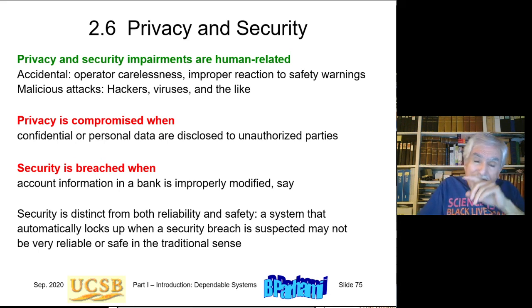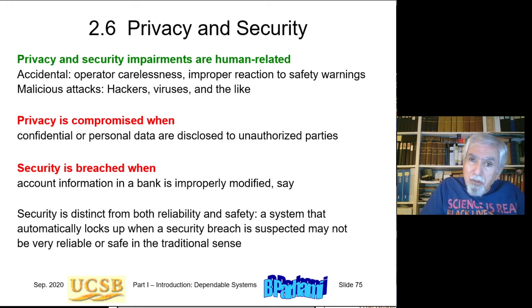So if the system detects the possibility of a security compromise and it just shuts down, doesn't allow access to anybody, it will be secure. But it will not be reliable because it's not working when it's locked up, and it may not even be safe because that lockup state may not be a safe state. So these are distinct concepts.